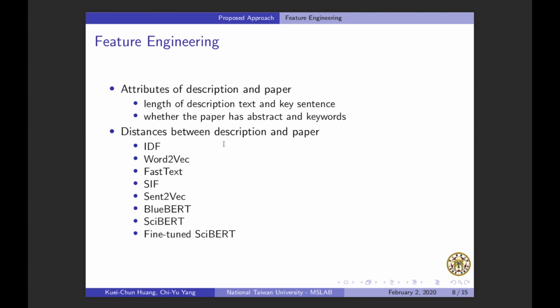The second was distances between description and paper. Each description has description text and key sentences, and each paper has title and abstract. Therefore, there are 4 distances in total. For the raw text, we computed several distances including Jaccard similarity, Levenshtein distance, Jaro distance, and Jaro-Winkler distance.